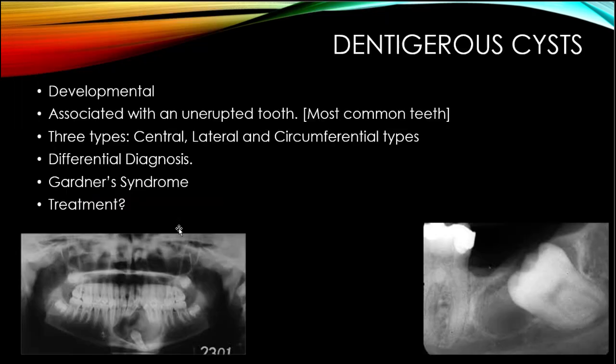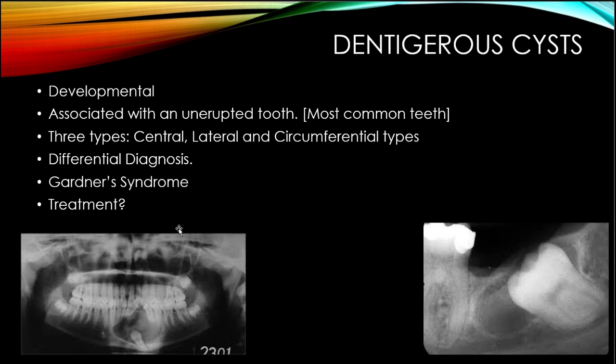Now, the developmental cyst that we see a lot is the dentigerous cyst, usually associated with an impacted tooth. Now, what's the most common tooth to be impacted? It's the wisdom tooth. So, the most common tooth to be associated with a dentigerous cyst is the wisdom tooth, then the canine. It can be central, around the crown, lateral, or circumferential, surrounding the whole tooth.